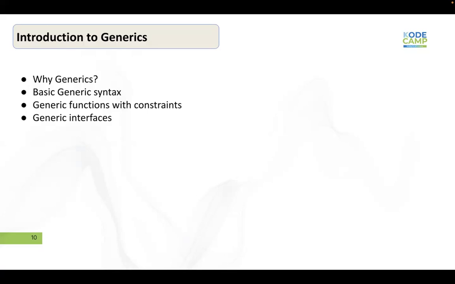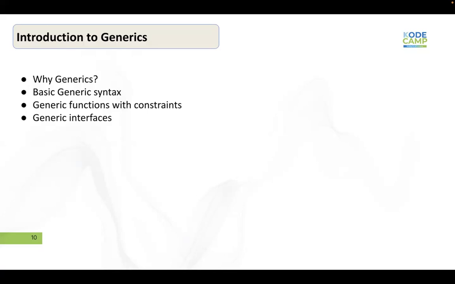Generics in TypeScript allow you to create reusable components that work with multiple types while maintaining type safety. They enable you to write flexible, type-safe code by introducing type parameters that can be specified when the generic is used.